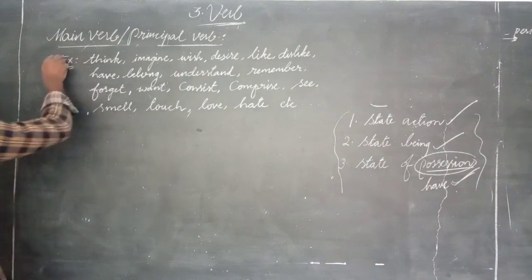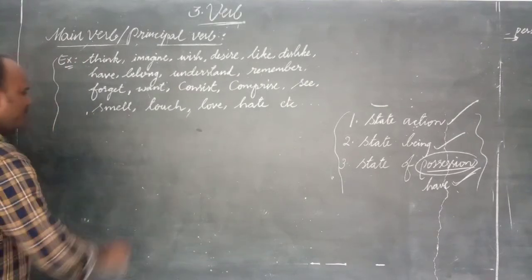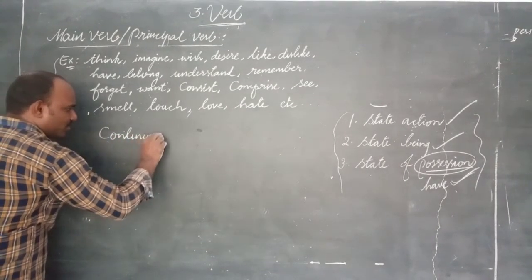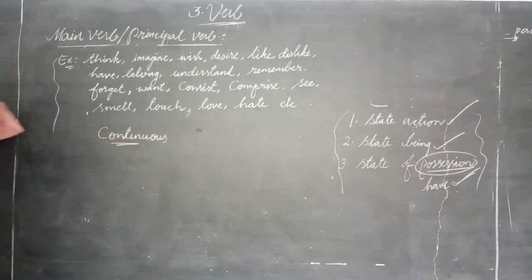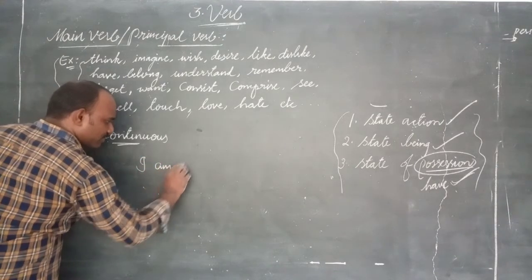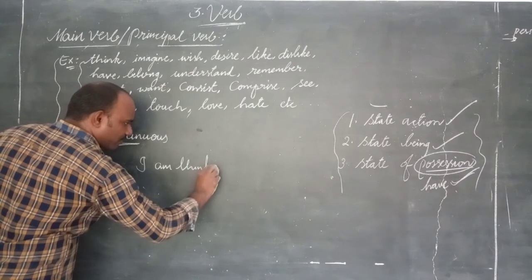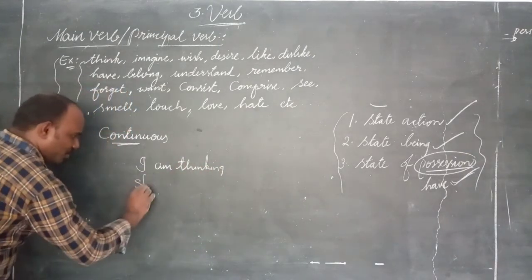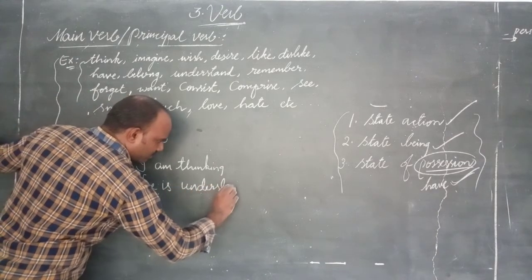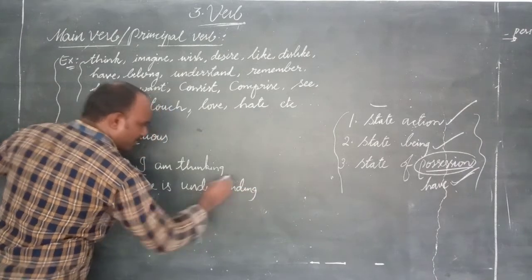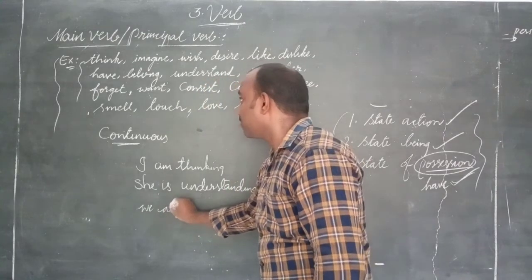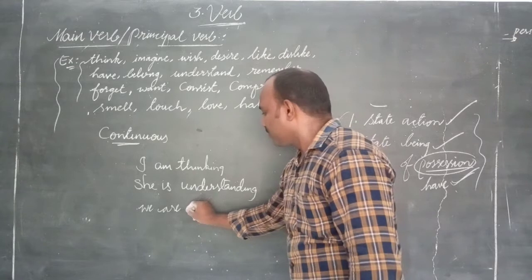We have so many verbs. So these are some of the examples. These verbs should not be used in progressive or continuous tense because there is no action. We should not say "I am thinking." We should not say "she is understanding." We should not say "we are forgetting."